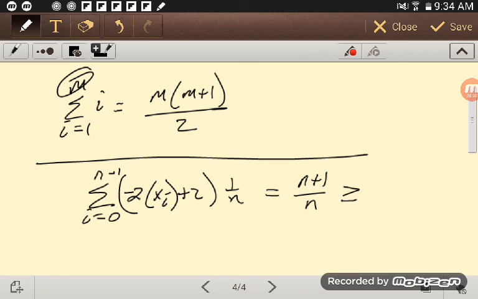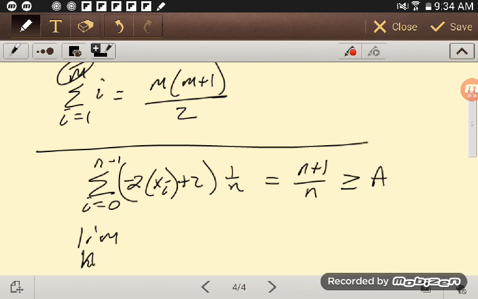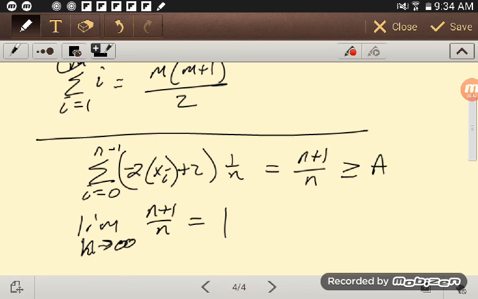And that's bigger than my area. Now, if I take that limit as n goes to infinity of n plus 1 over n, well, that's 1. Again, by that same reason, I get n over n and 1 over n, so it goes to 1 plus 0, so that's 1 again.